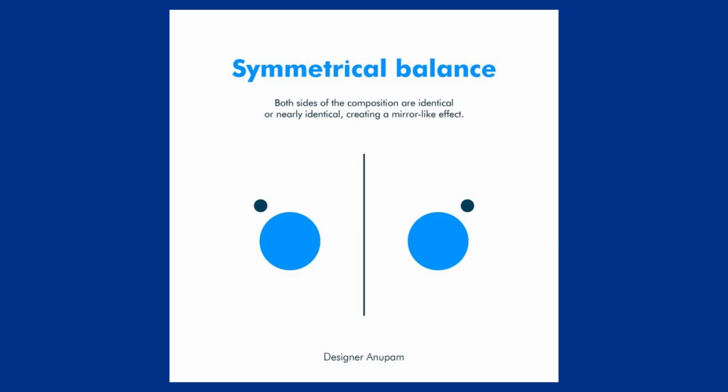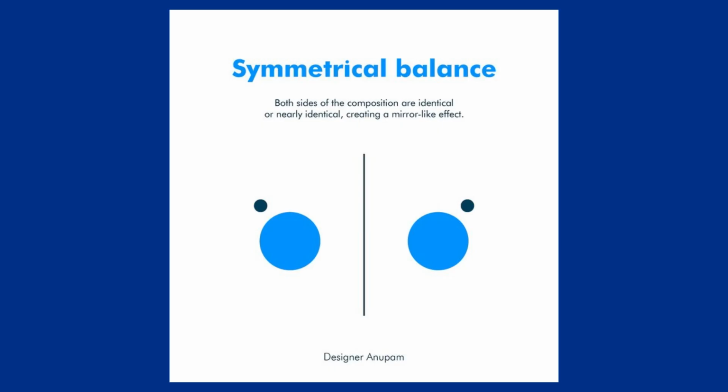You see that this is symmetrical balance, similar to what I showed in the original slide. You can see the circle on both the left and the right, both the big circle and the small circle. Because it's identical, we call it symmetrical balance. It creates a mirror-like effect. So that's what symmetrical balance is.